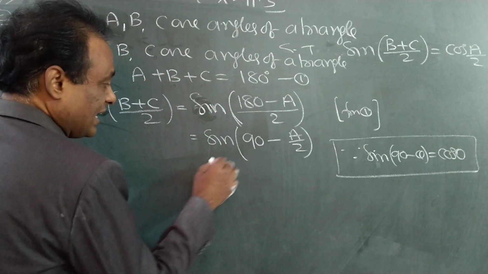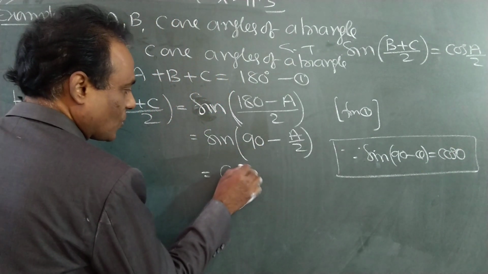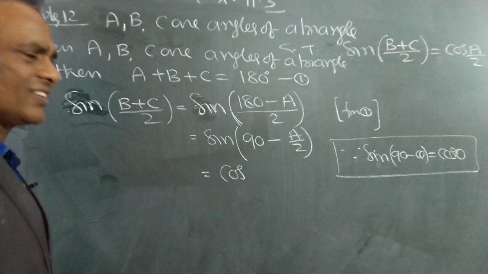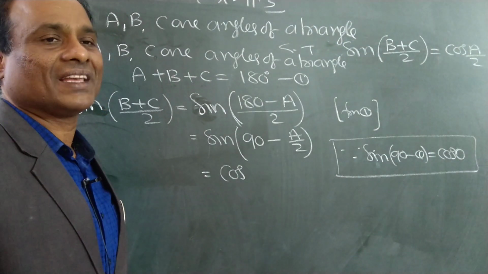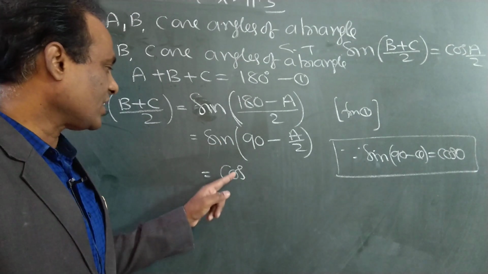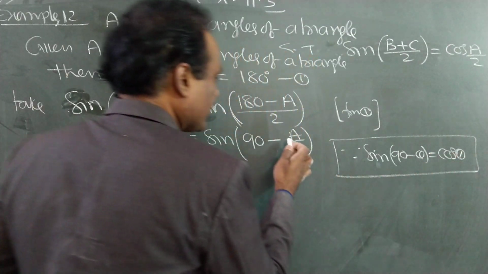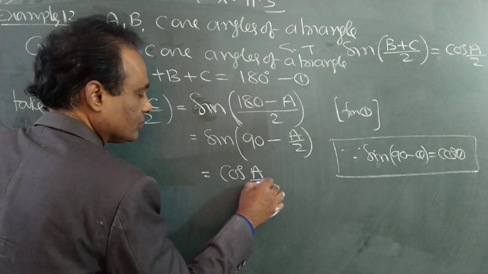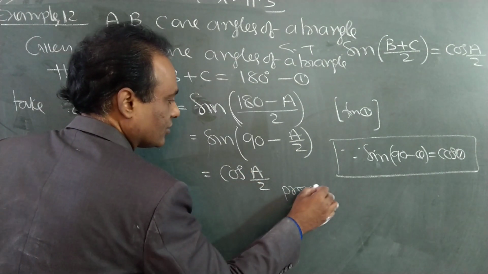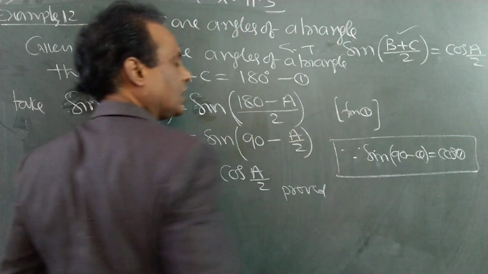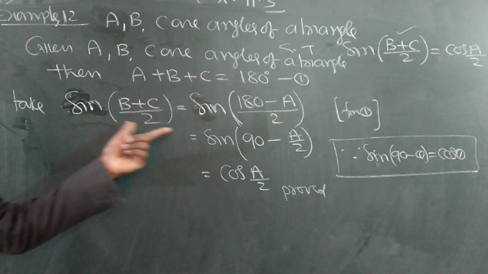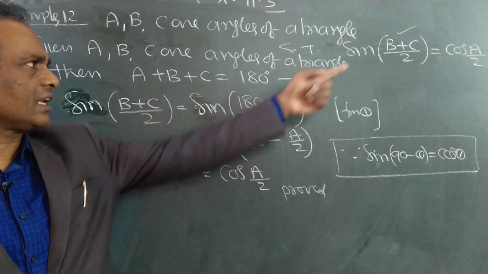For 90 degrees, sine changes to cos. Theta is A by 2 here. Proved. We took the left side and in only three steps we got the right side.